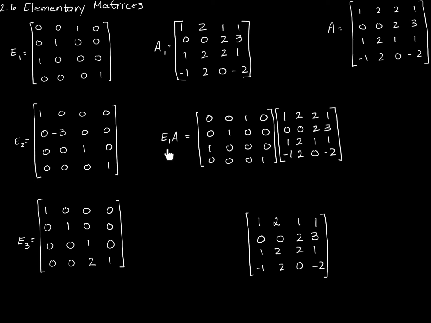This representation is specified by the actual matrices E1 and A. The result of that multiplication is this new matrix, but notice that that new matrix is what we called A sub 1. It's the same thing. 1, 2, 1, 1 in the first row, 0, 0, 2, 3 in the second row, 1, 2, 2, 1, and -1, 2, 0, -2 in the third and fourth rows.